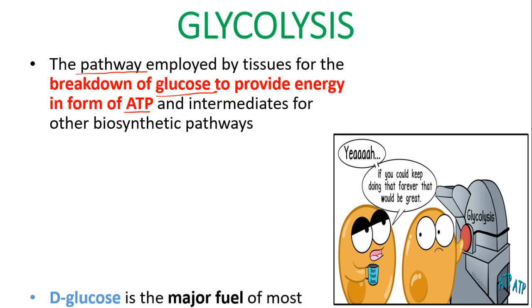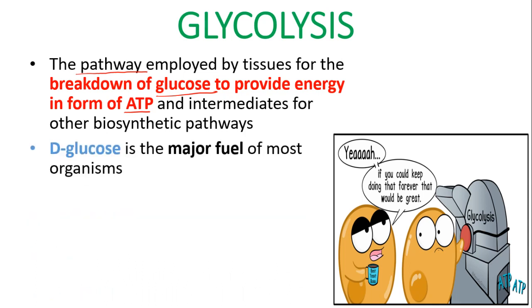So what type of glucose is really broken down? D-glucose is the major fuel, or the major source of energy, in most organisms, because we have two types of glucose: D-glucose and L-glucose.